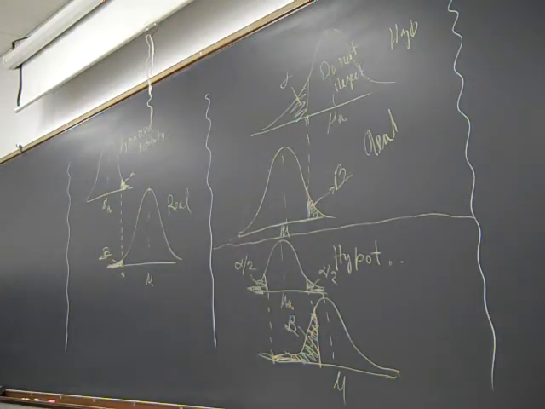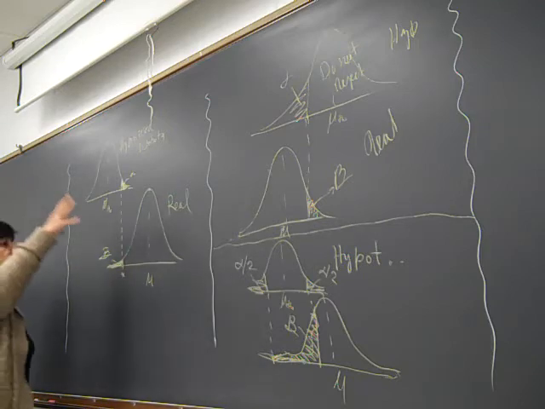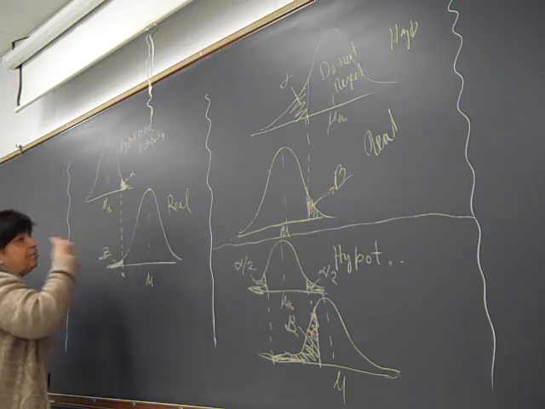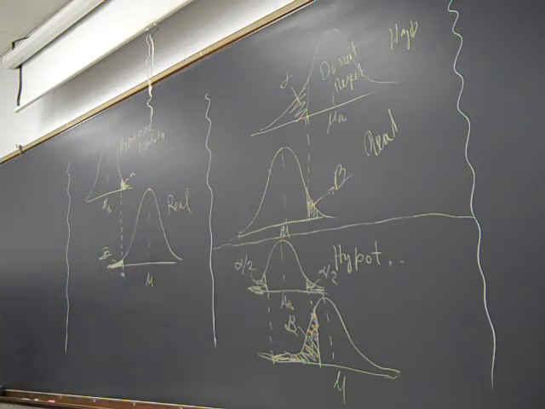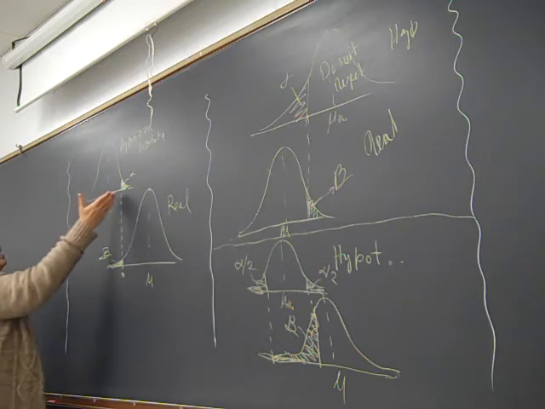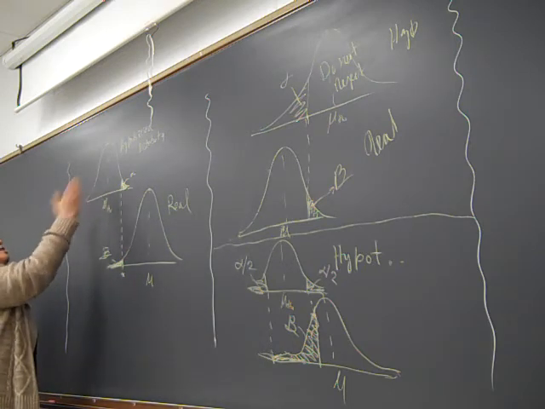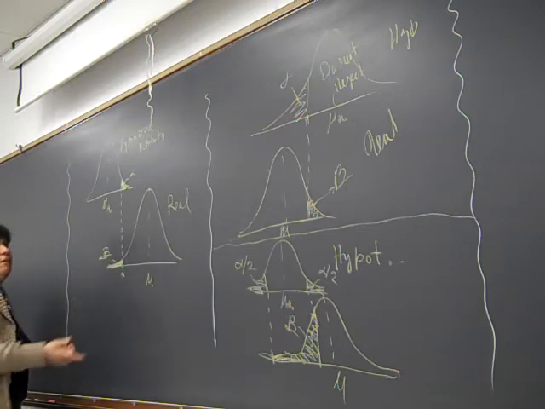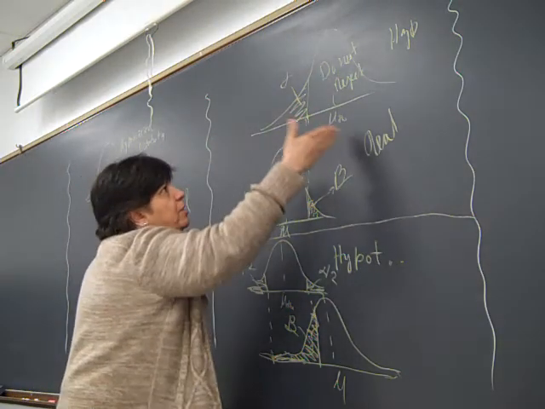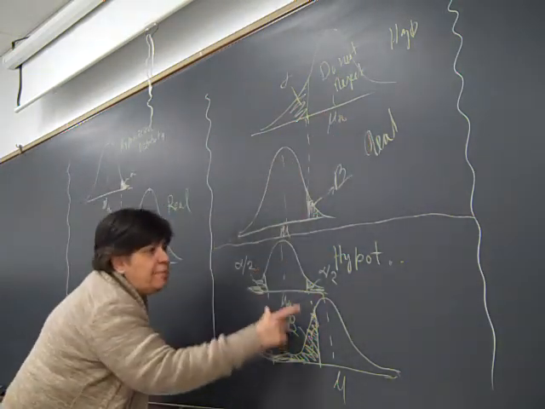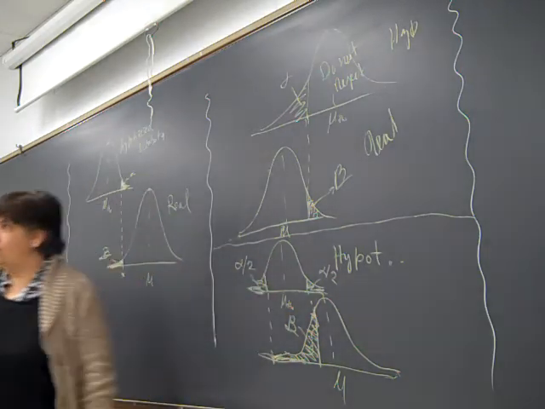Probably your book treats this more complicated, but it's not like that. Remember that beta is the probability that you do not reject. So you have to deal with the not rejection zone, and that is why it's in the left. This is in the right because it's the do not reject zone, and this is in the middle because this is the do not reject zone.